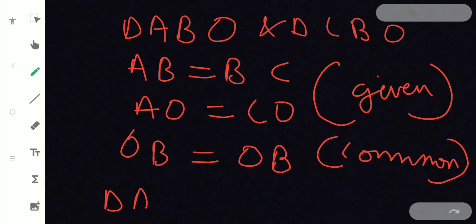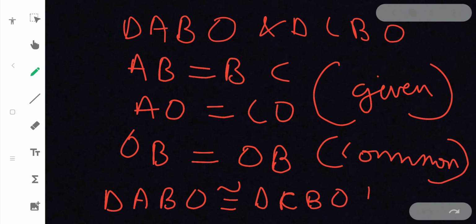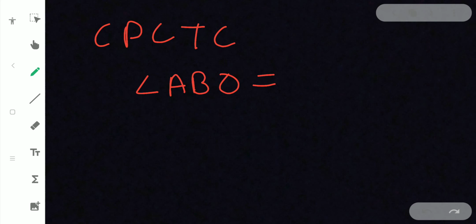Now triangle ABO is congruent to triangle CBO by SSS. By SSS, these two triangles are congruent. Now by CPCTC, I can write angle ABO is equal to angle CBO.